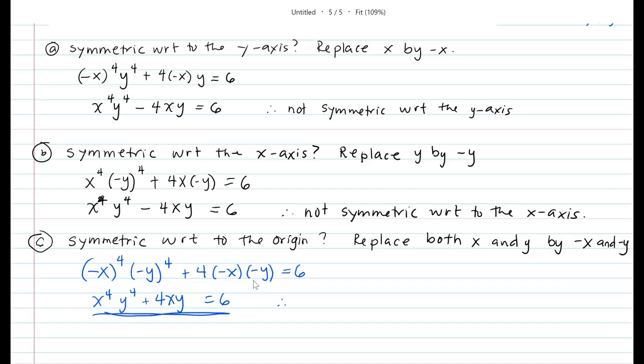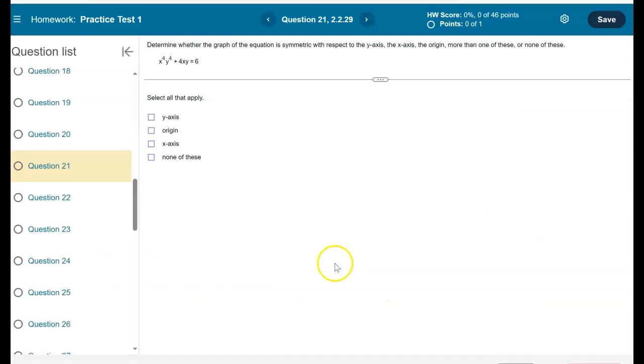So therefore, this one is symmetric with respect to the origin. And so in this case, we will just have to click on this button, and that would be the answer. Okay.